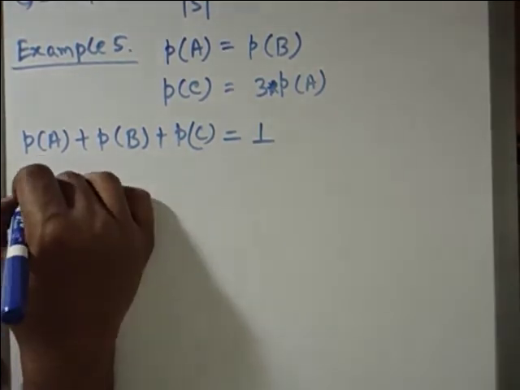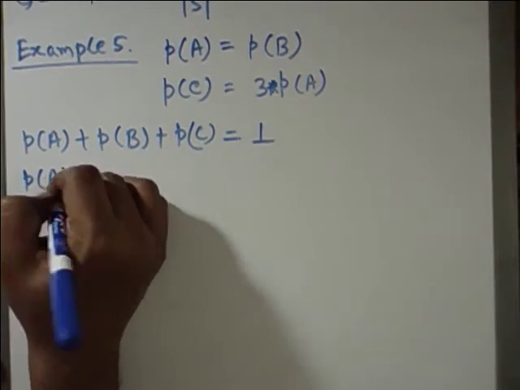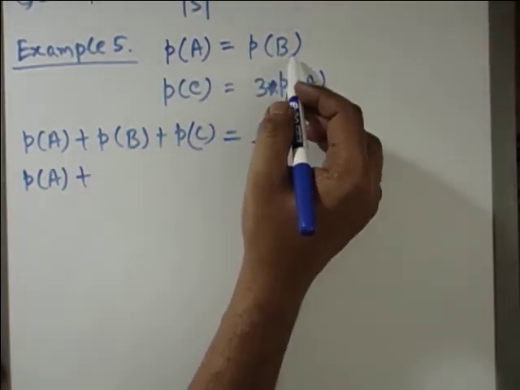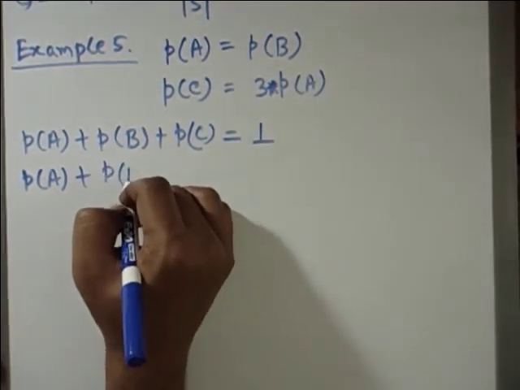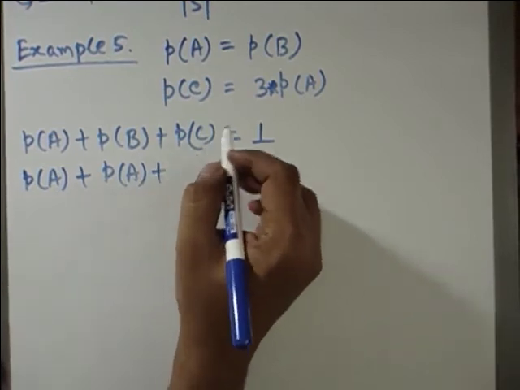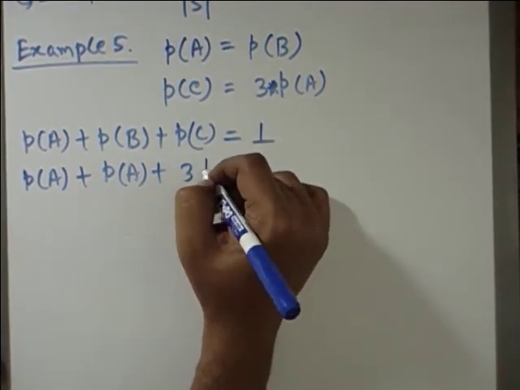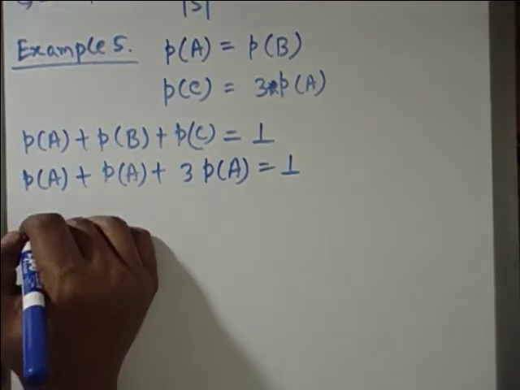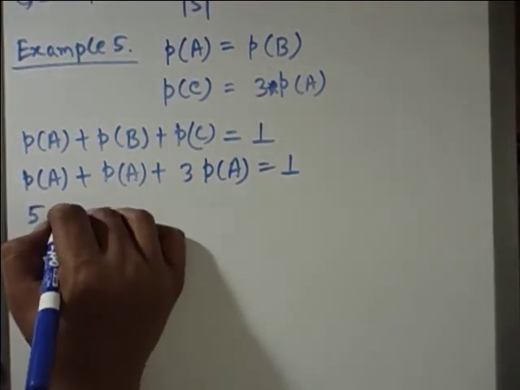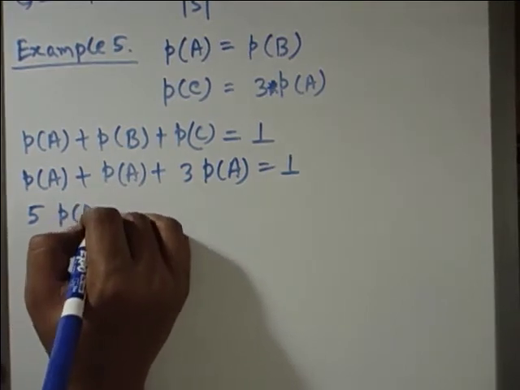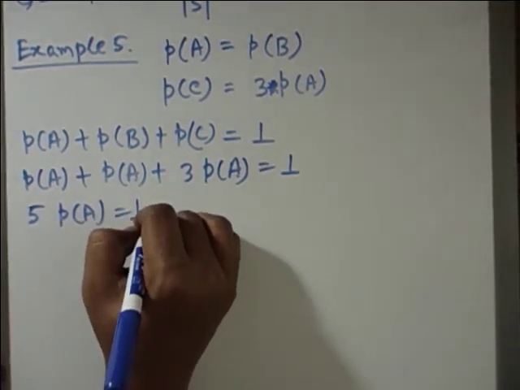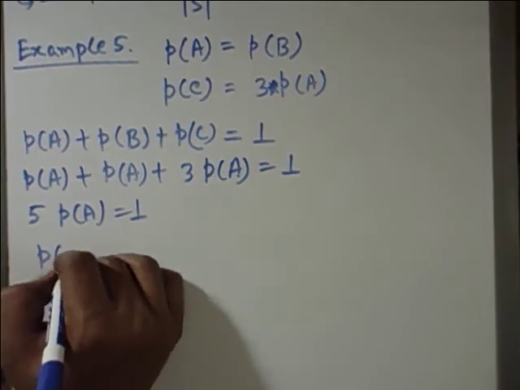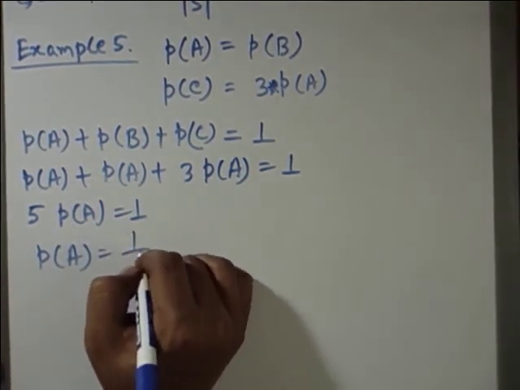Now replace these values: P of A plus P of B equals P of A. So we can write P of A here. P of C is 3 times P of A. So 5 times P of A equals 1. That means P of A equals 1 over 5.